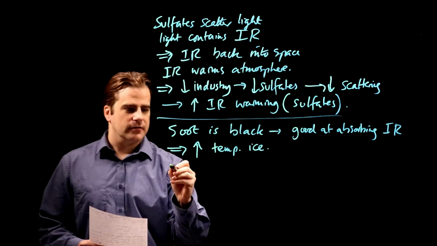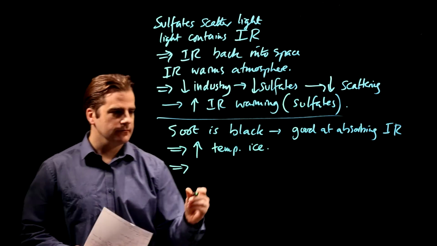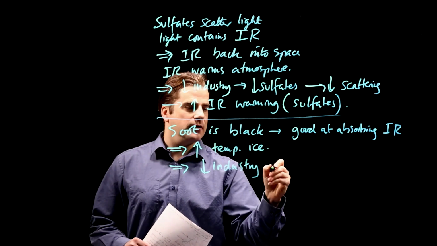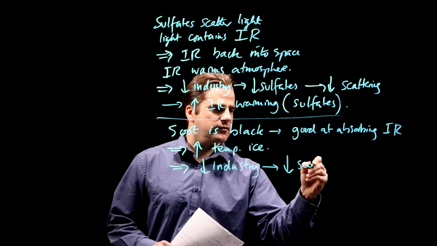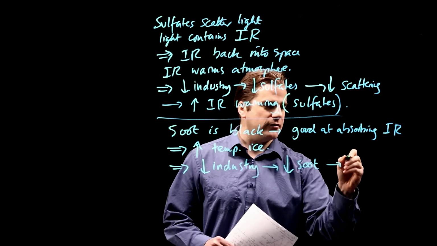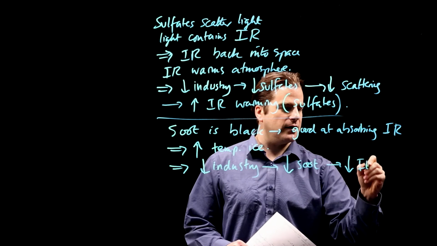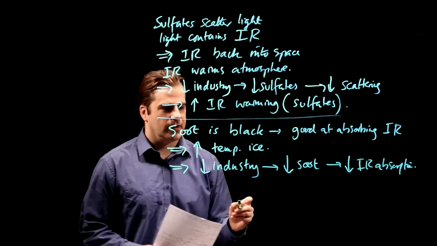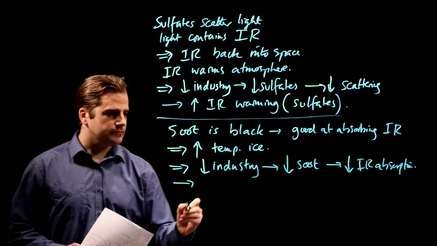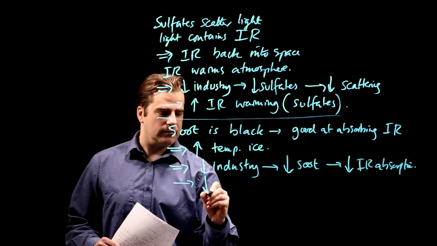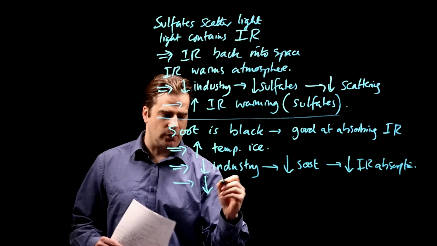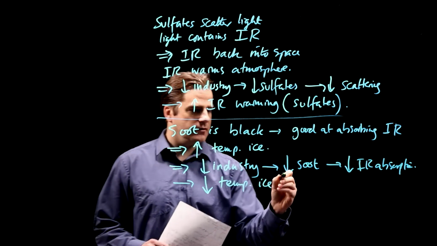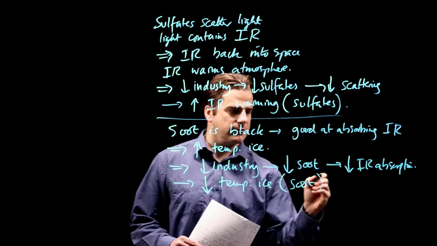Okay, so therefore, reduction, same thing, industry, will lead to less soot, therefore less IR absorption, and therefore less warming or lower temperatures of the ice due to soot. Okay?